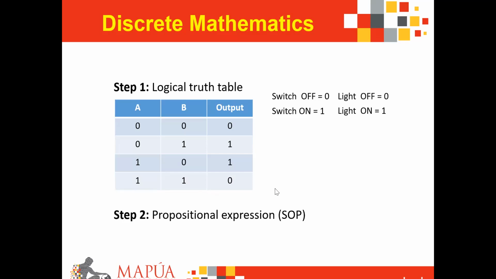The next step involves deriving the propositional expression in sum of products expression or minterm.